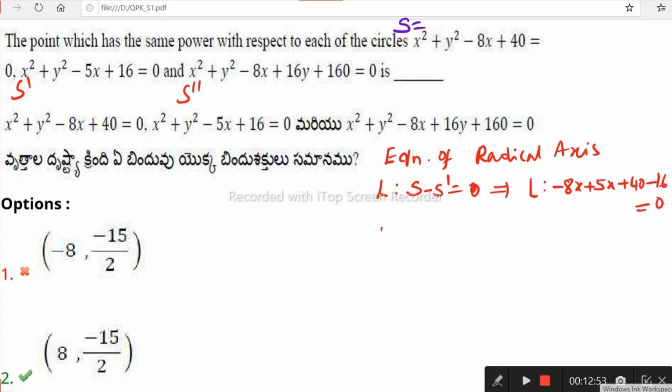Therefore one of the equations of the radical axis we got is minus 3x plus 24 is equal to 0. Okay, so from this, 3x is equal to 24, x is equal to 8.